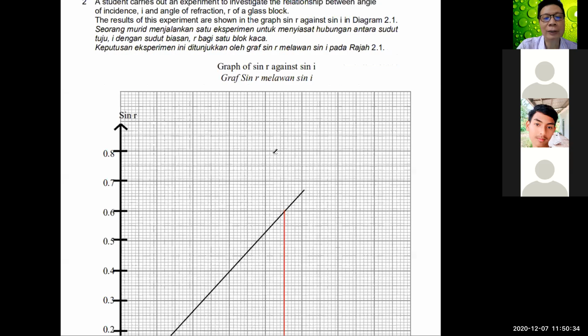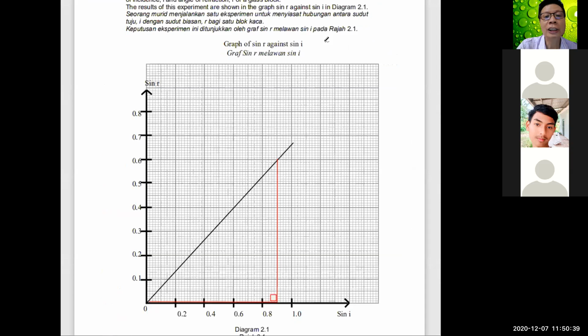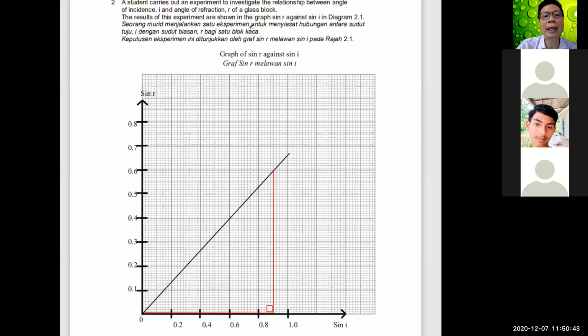Now this question is about a student who carries out an experiment to investigate the relationship between the angle of incidence and the angle of refraction, i and r. So the graph of sin i against sin r has been plotted like this already.